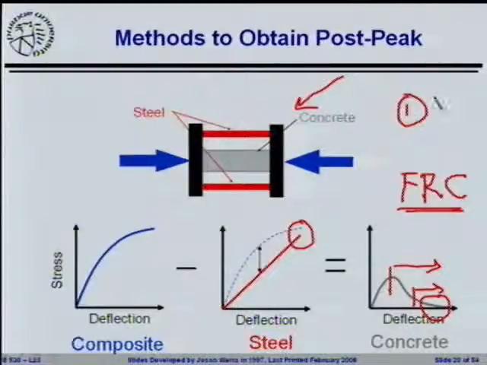One is to ensure that there's a certain amount of fibers inside of the system, the volume fraction of the fibers, making sure that the fibers were actually put in. That's something that people worry about. And the second thing is everybody tests a cylinder and they say, well, the strength is the same, so what are the fibers doing? Well, what the fibers are doing is altering this post-peak behavior. But right now there's no way to account for that in the design equations. There's no way to take advantage of that.